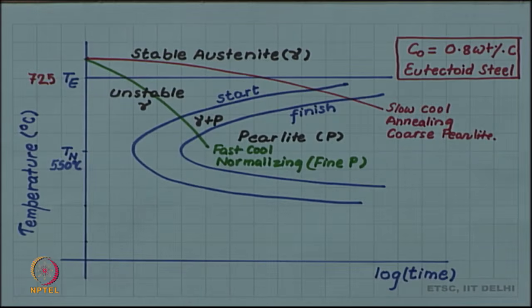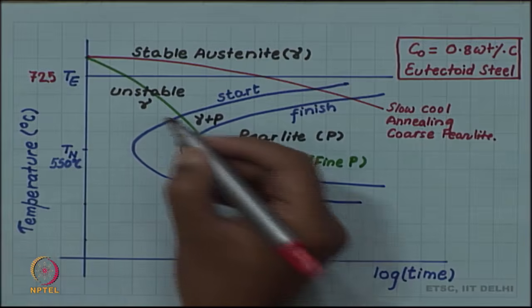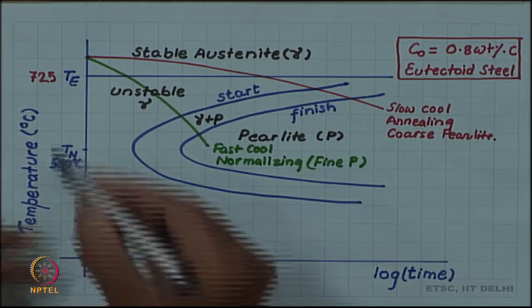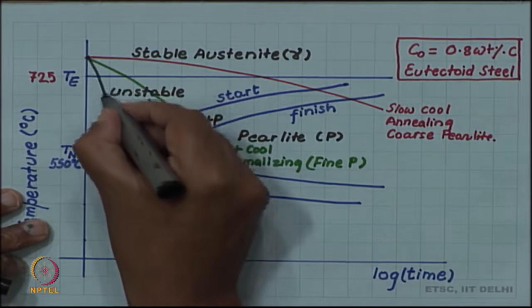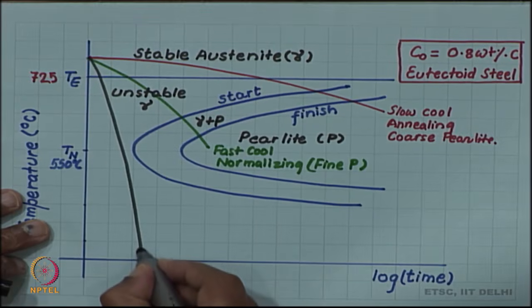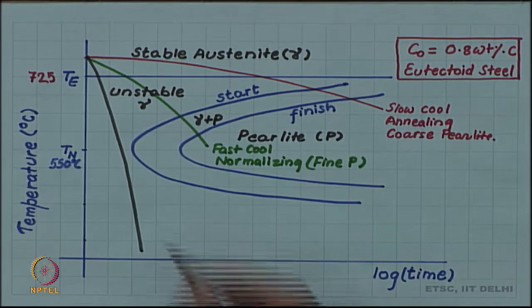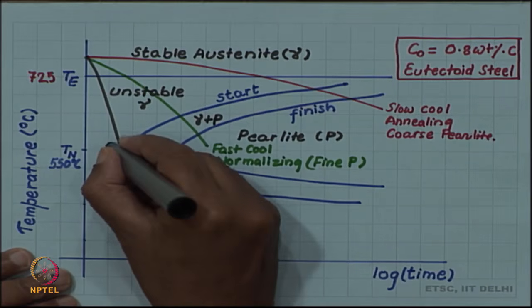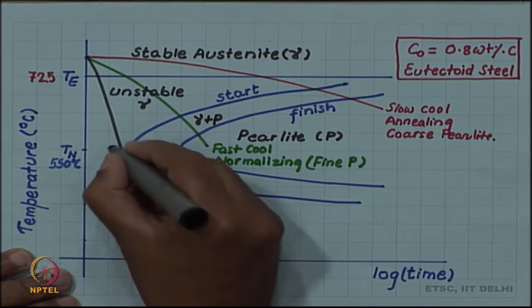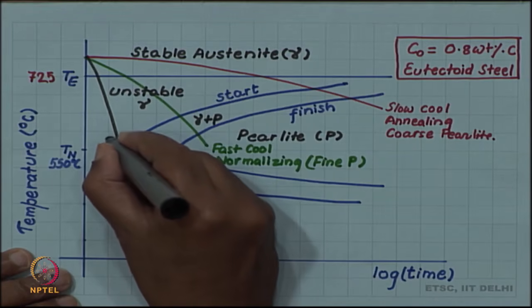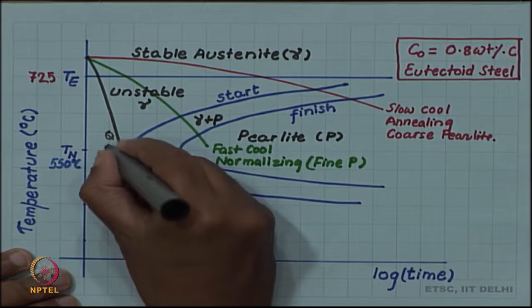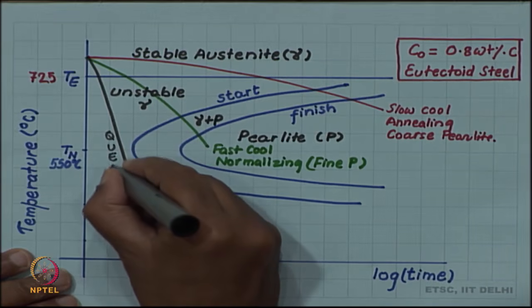If you start cooling faster and faster, then you may achieve an extremely fast cooling rate, let us say now represented by this line, that misses the nose of the C curve. This kind of treatment which gives you extremely fast cooling is called quenching. So, I am quenching the steel now.